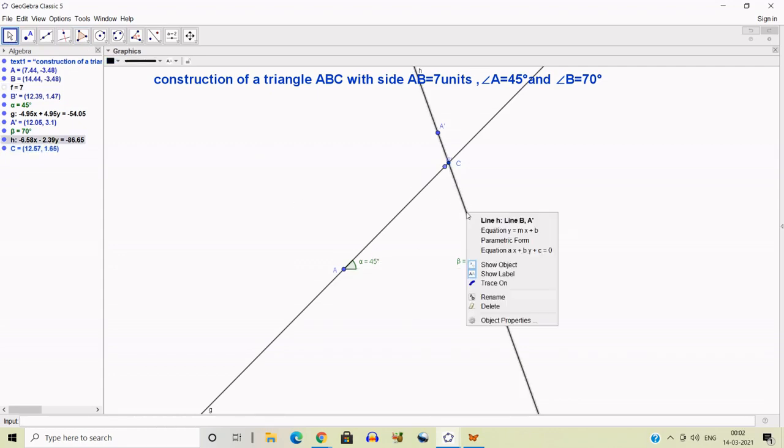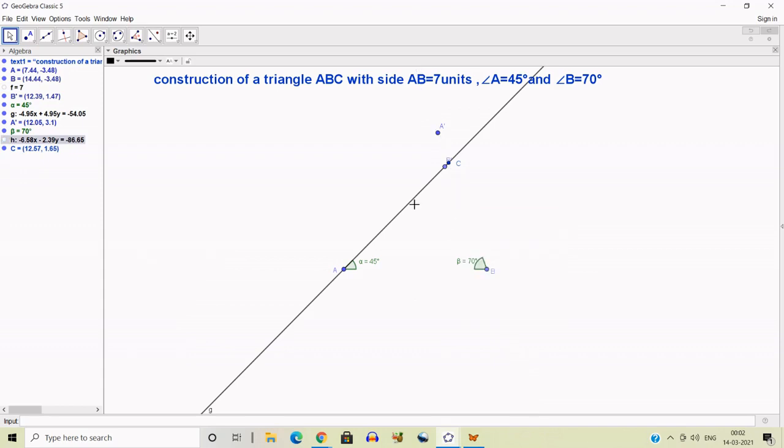We will remove this line and we will remove this line too. And we don't need these points A dash and B dash, so we will remove these 2 points, A dash as well as B dash. So we are left with 3 points A, B and C.